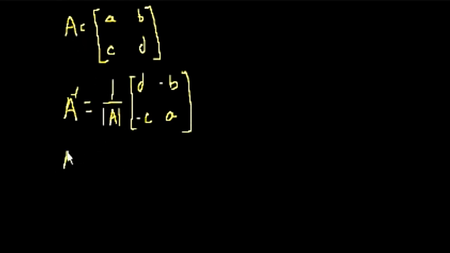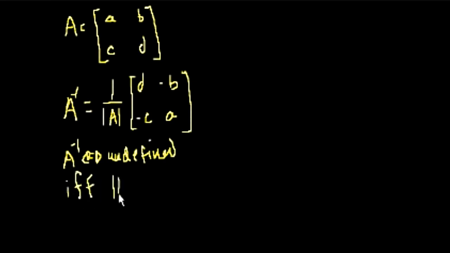So A inverse is undefined if and only if, and in math they sometimes write it "iff" with 2 F's, if and only if the determinant of A is equal to 0. So another way to view that is, if the determinant of any matrix is equal to 0, then that matrix is a singular matrix and it has no inverse, or the inverse is undefined.